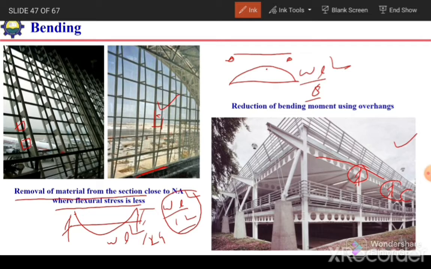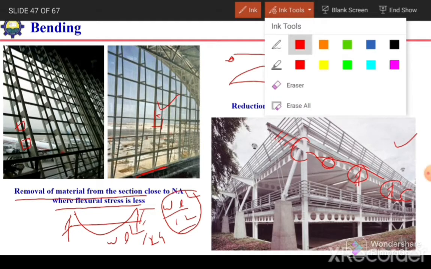But in the case of this end span, if we do not provide this overhang, this exterior support will be a simple support. Because of this simple support, the moment at the center will increase, so we would need to increase its depth.